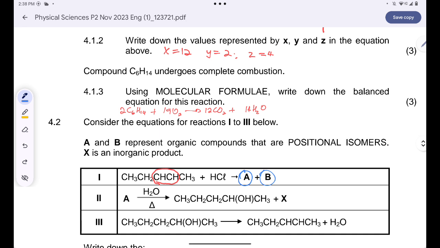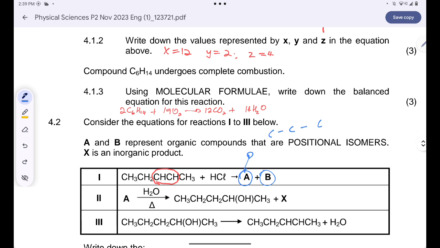So my minor product, remember that, guys, whenever we add, we always use Markovnikov's rule. The hydrogen will be bonded with the carbon with the highest number of hydrogens. But in this case, the carbons have the same number of hydrogens. So my major product will be C.